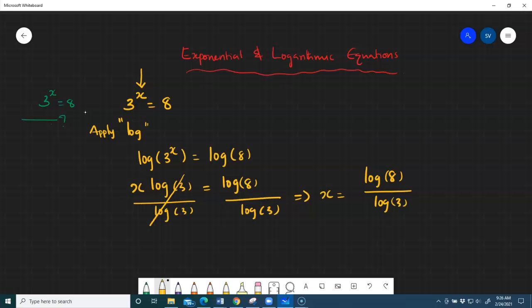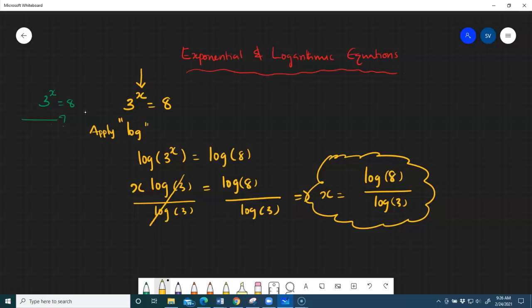You are done. You can use your calculator to figure out the value. I'm not worrying about the final result; my objective was to isolate x from that exponential position.